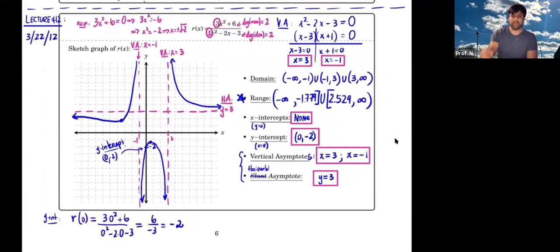Okay, so this is the general template of rational functions. We figure out the vertical asymptotes, the horizontal asymptotes. That in turn affects the domain and the range, and the x-intercepts we can find as well, along with the y-intercept. And so that helps give us an idea of how the graph may look.